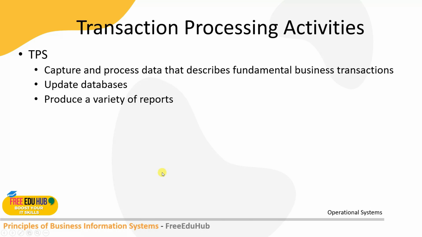Now, transaction processing system activities are: it can capture and process the data that describe the fundamental business transactions. Since it's capturing and processing the data on the fundamental business transactions, those could be customer loyalty programs, etc., which would increase the overall satisfaction of the customers towards the business.